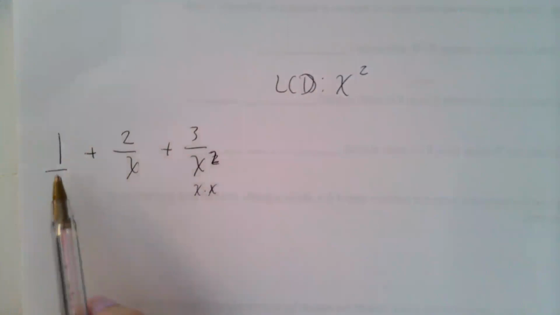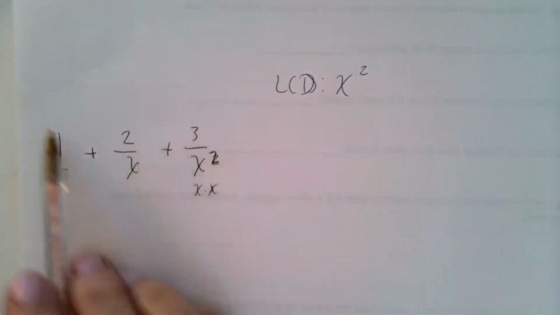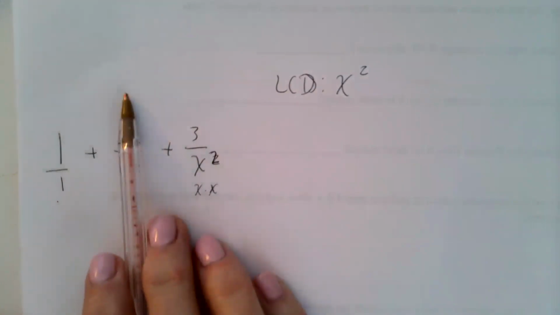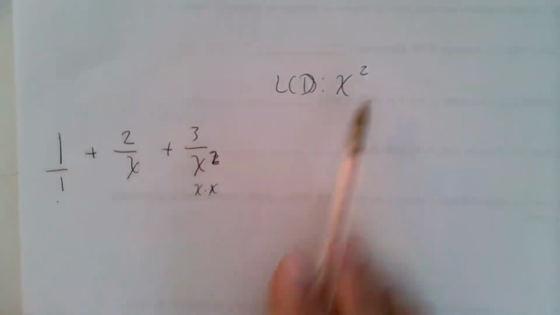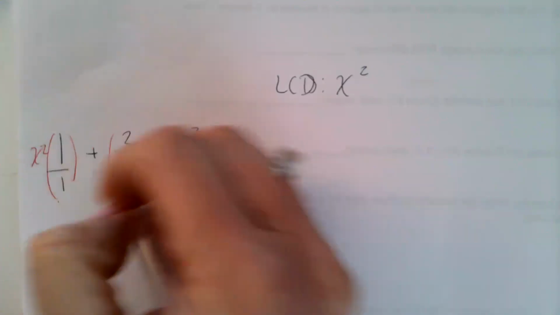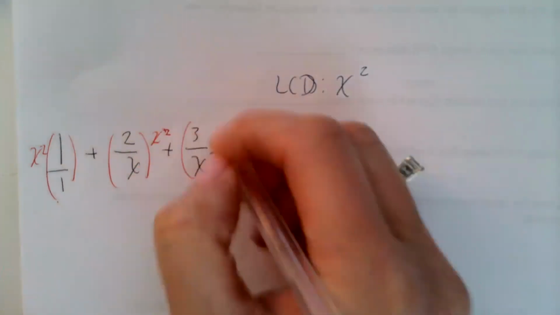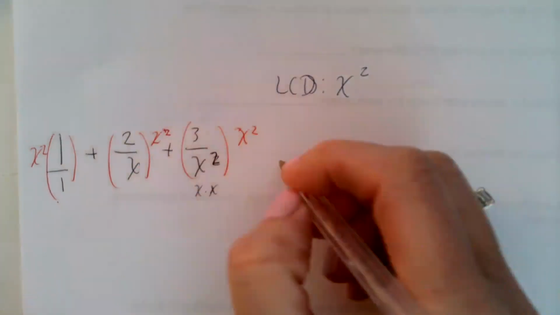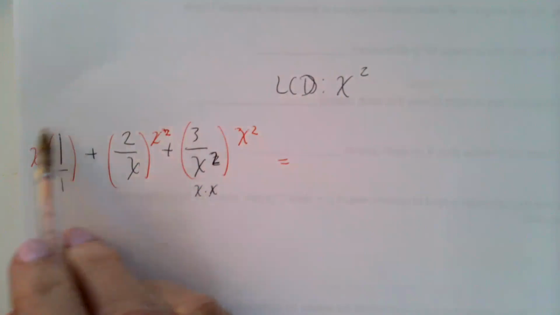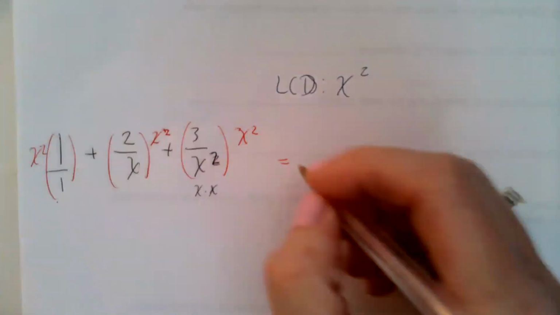So I'm going to multiply each term. There's 3 terms, 1, 2, 3. Terms are separated by addition or subtraction. So we have 1 term, 2 terms, 3 terms. I'm going to multiply them each by x squared. So since this is just a 1, x squared times 1 is just x squared.